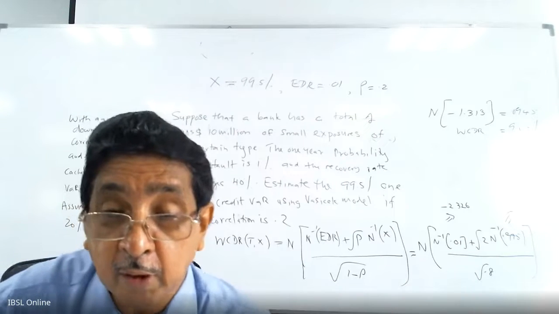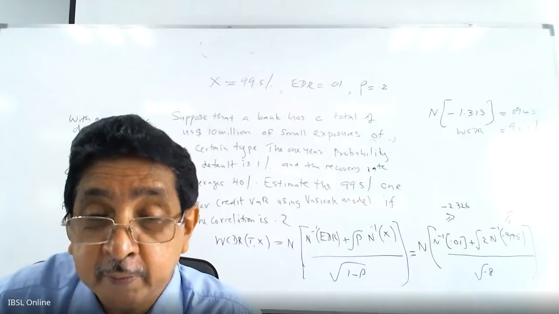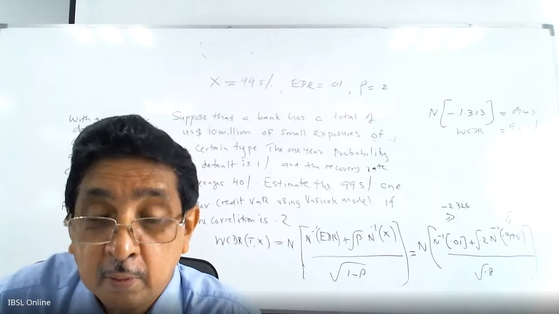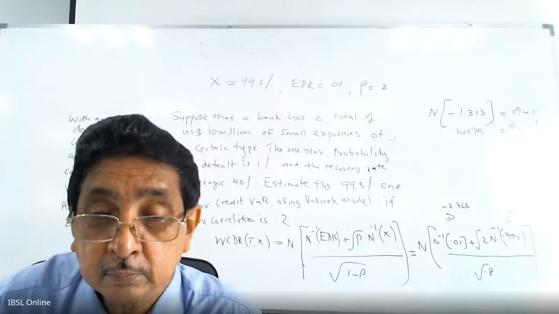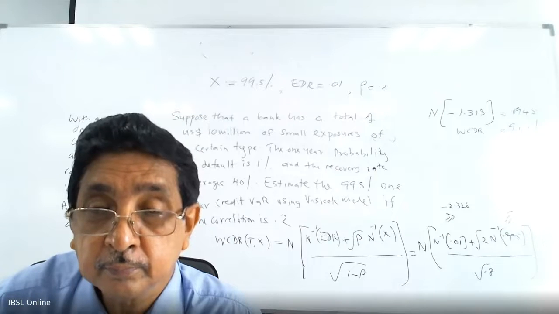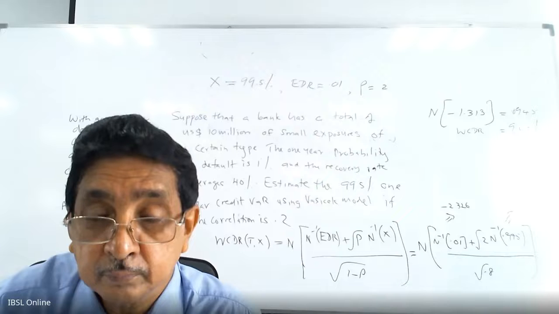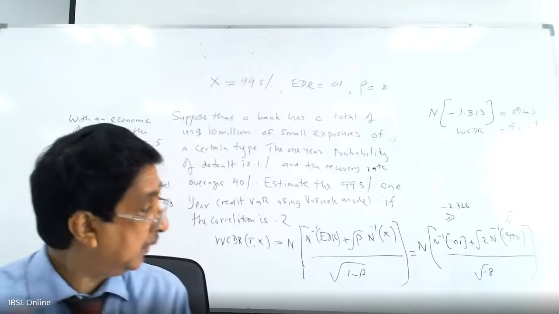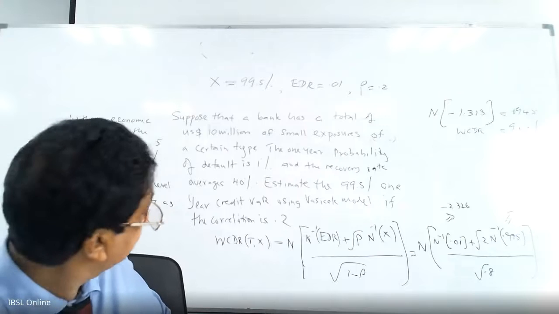Now, Sumudhu, you have got the n value for that? What is the n value you got? Now you need to replace EDR with 0.05, no?